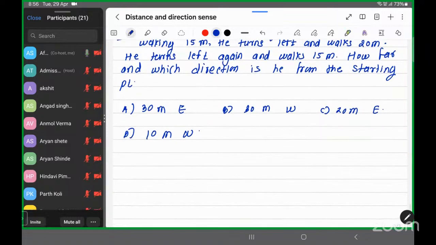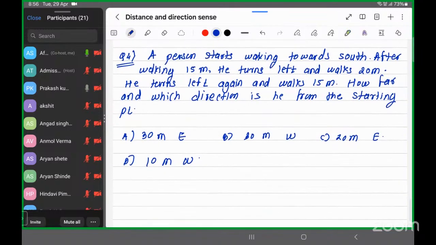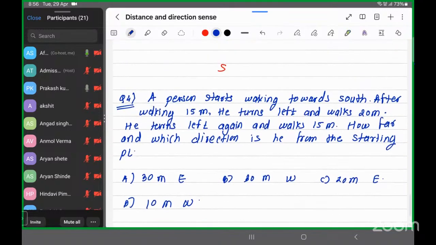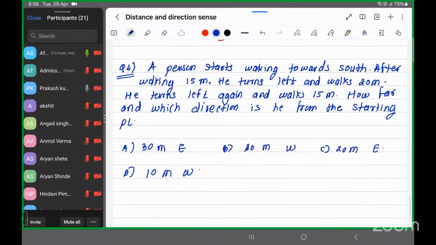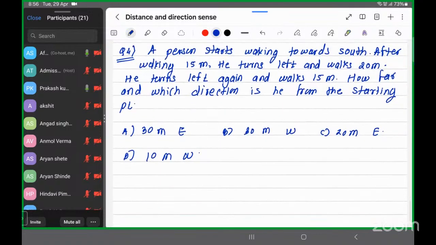Option C. 30 meter, none of these. Yeah, there is no option, none of these. Let's see. Maybe the question is wrong. Towards south, not getting the answer, sir.